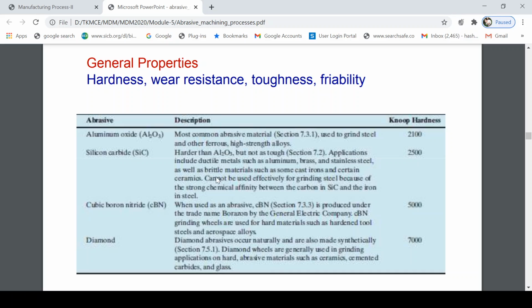Also, it can be used for brittle materials such as cast irons and certain ceramic materials, but it cannot be used effectively for grinding steel because of the strong chemical affinity with the steel. So silicon carbide is not commonly used for grinding steel. For grinding steel, aluminum oxide is better.